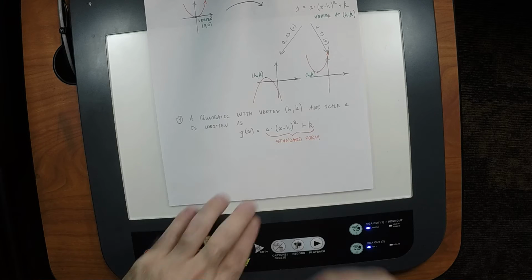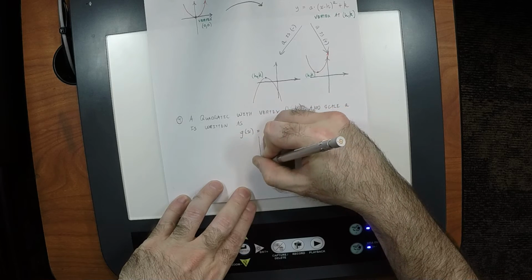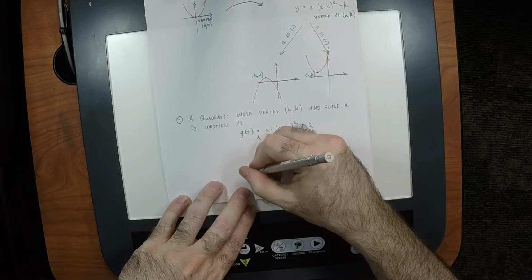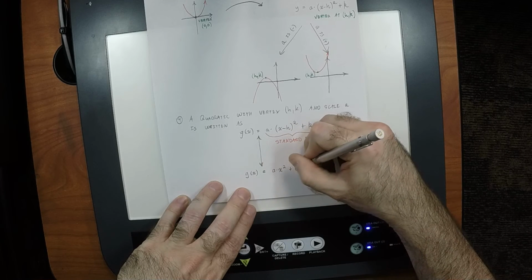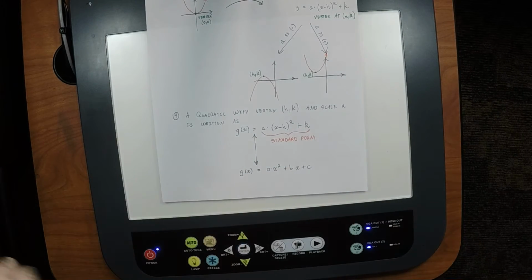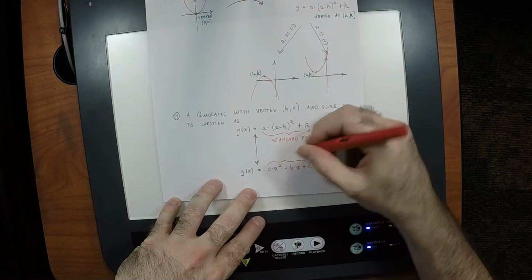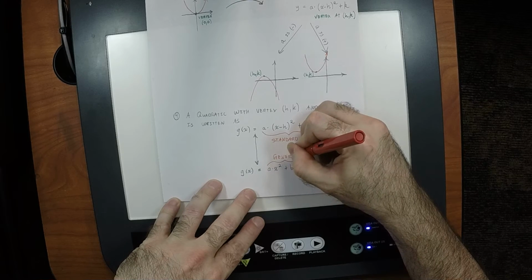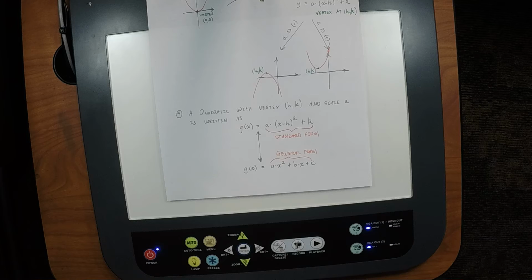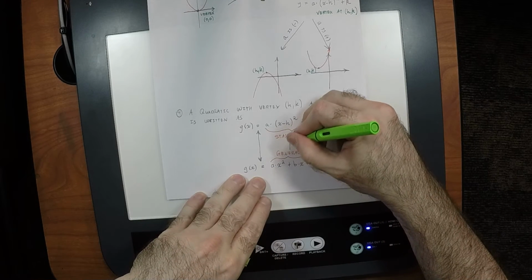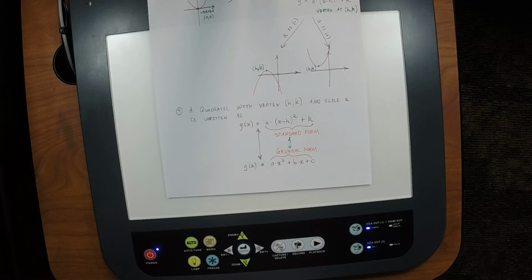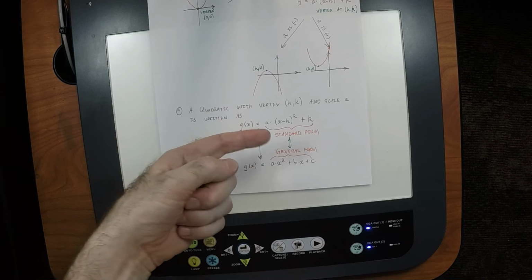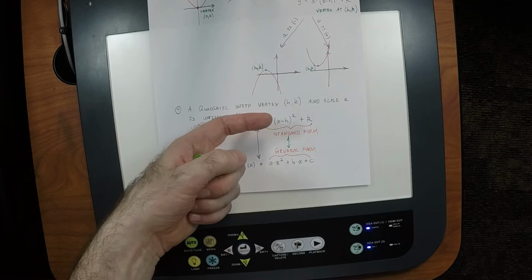So one of the tasks, in fact, in some sense the main task that we're going to do, is that we want to be able to go back and forth between this, ax squared plus bx plus c, which is called the general form, and the standard form. There are three numbers for the general form: A, B, and C. And for the standard form, there are three numbers: A, H, and K. So if I give it to you in this way, I'm going to want you to give it to me in that way.